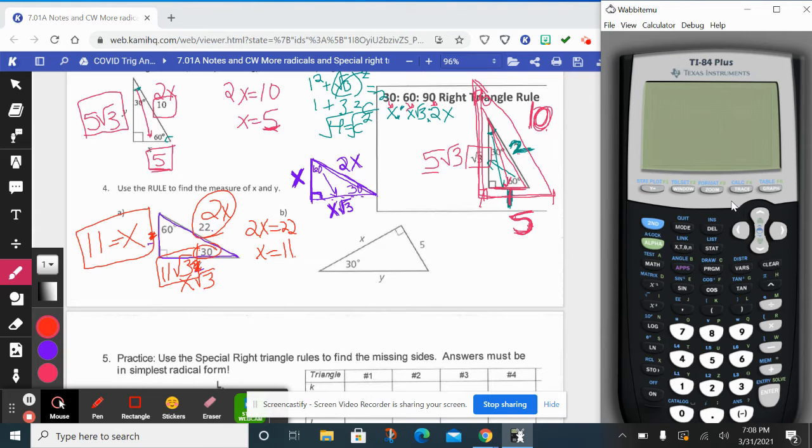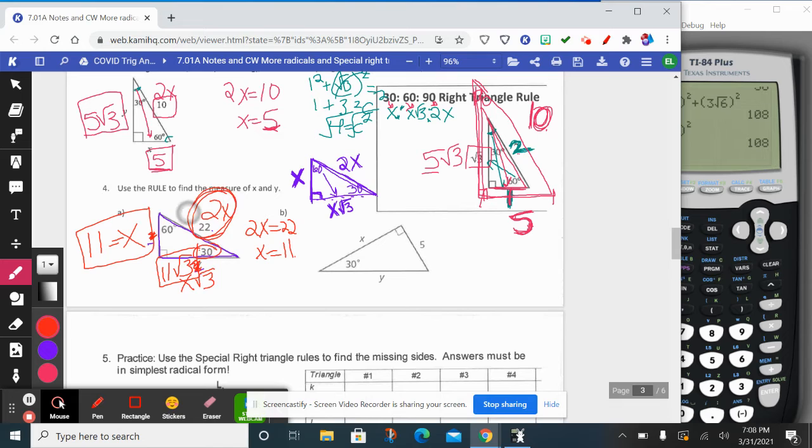So if I go over in my calculator and I start typing in 11 squared, so again, the only number we were given is that hypotenuse, right?